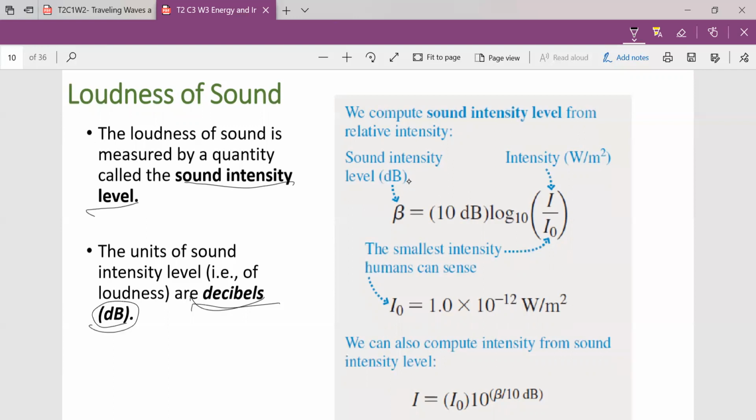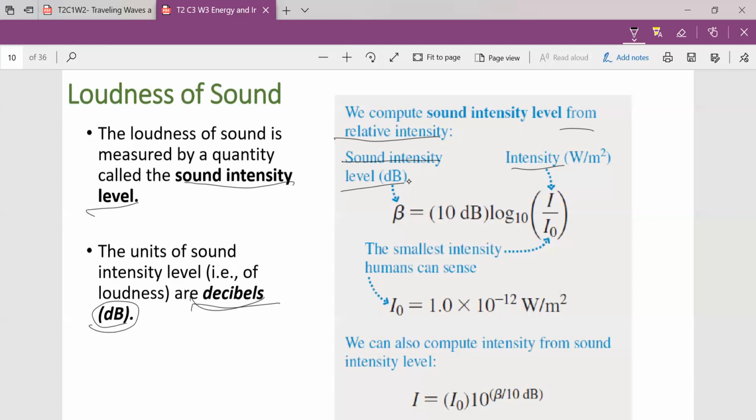So we'll compute sound intensity level from the relationship between the relative intensity for sound intensity level and the intensity itself.